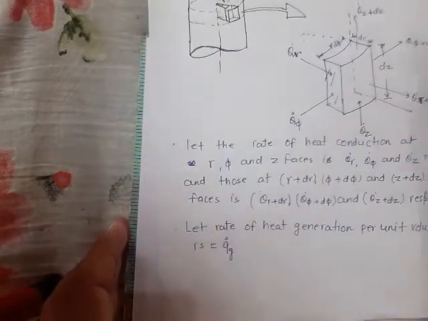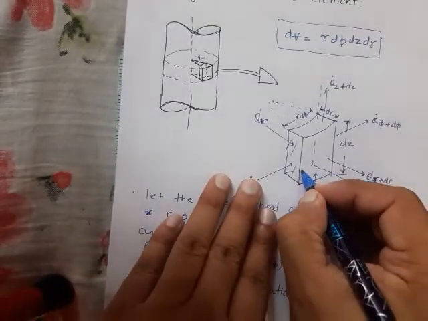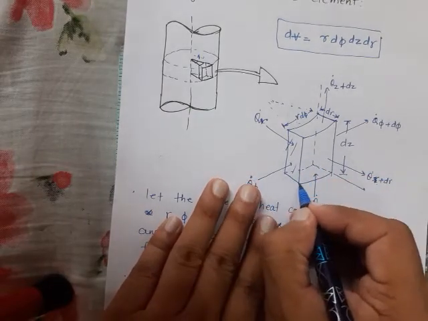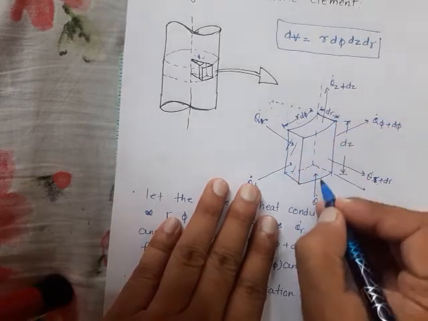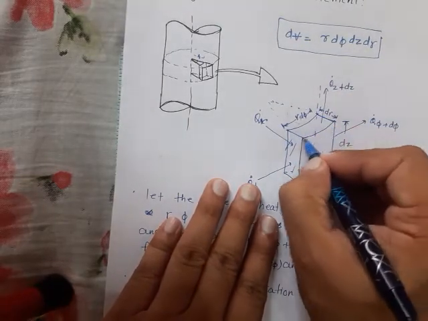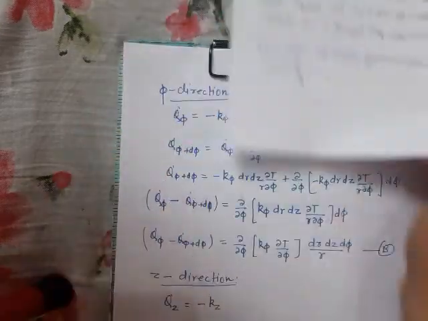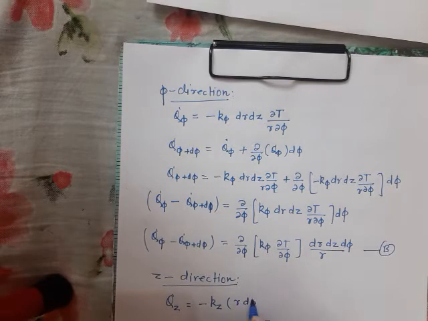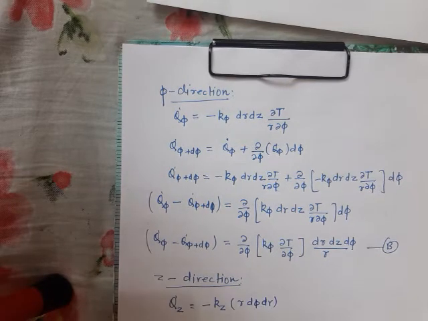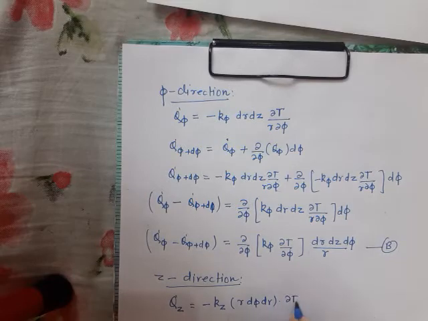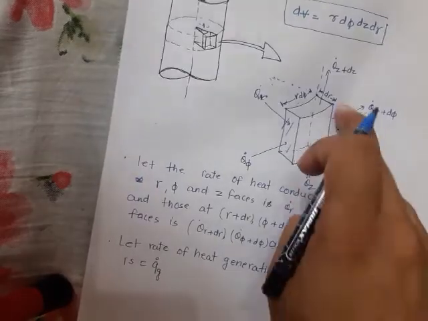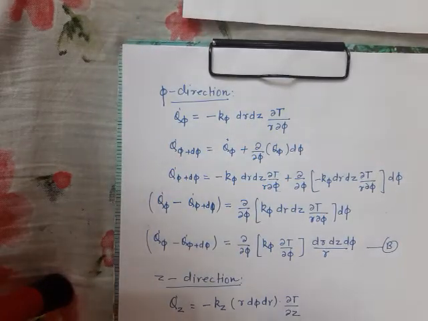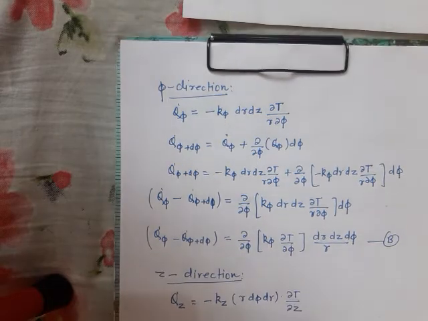Please note, the area of this face would be r d phi multiplied by dr. So the area would be r d phi multiplied by dr, and then del T upon del Z, this is dz. So minus k_z area del T upon del Z.